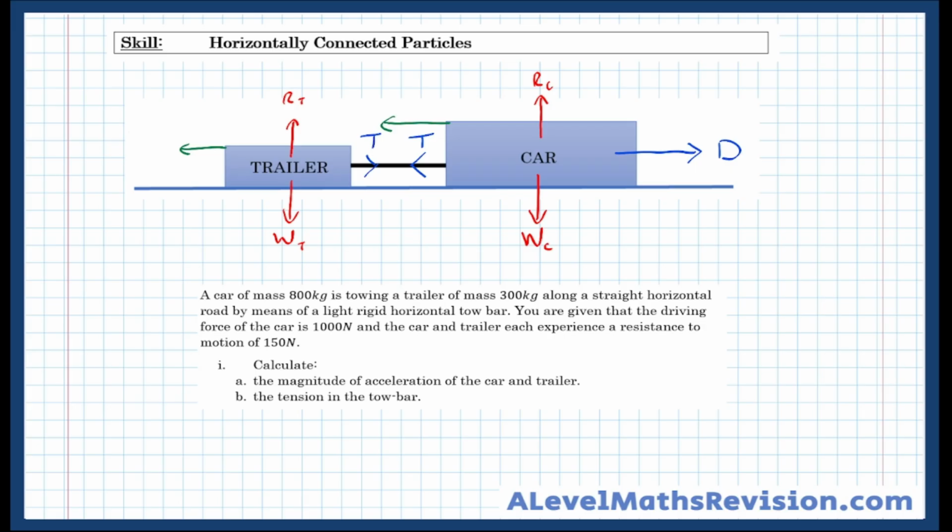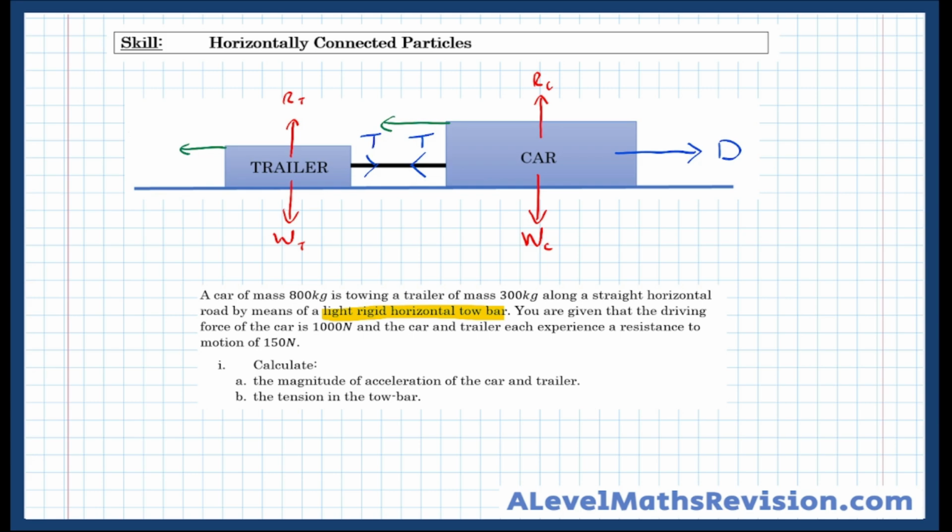Now a quick point that I should point out here, we're told that the tow bar is light and rigid. The fact that it's light means that we don't have to take its weight into account. We consider its mass to be negligible, and the fact that it's rigid means that both the car and trailer travel with the same acceleration and velocity.